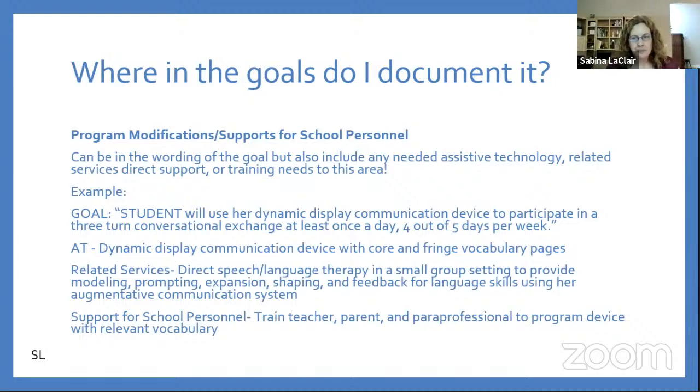So then it's best to write your goal stating the student will be using total communication, such as signs, gestures, vocalizations, and/or a speech generating device. We kind of recommend writing your goals more with the total communication because it does leave you open to some other situations that we'll discuss later about what if that device isn't available.